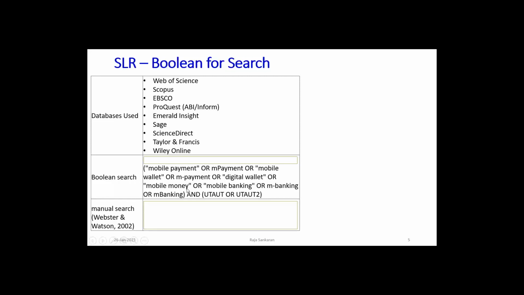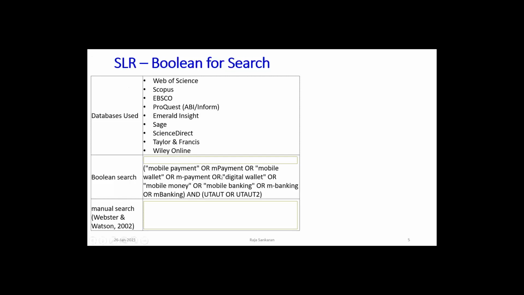After using the different ORs, like mobile, digital wallet, or M payments, with or without a hyphen, wallets, digital wallets, I need to look for all the possibilities by which a researcher can identify or provide a title or a keyword which will be relevant for my study. And then I can use some restrictions.